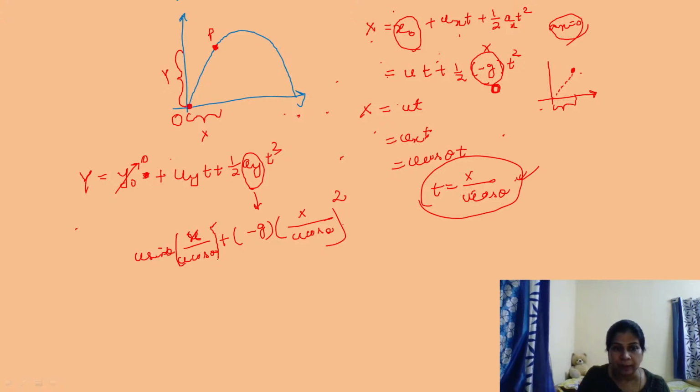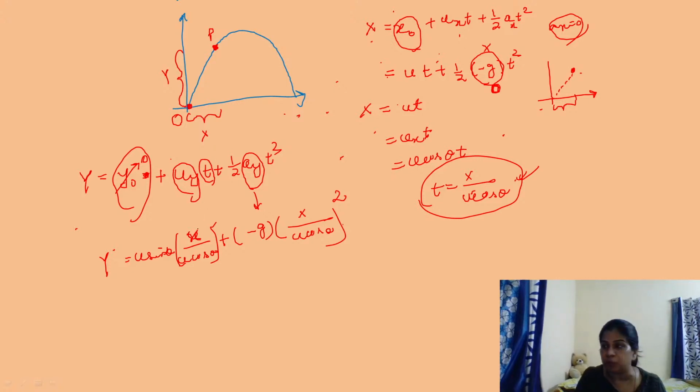Cross check कर लो थोड़ा. Why I have written like this? Because ये जो y0 part है, this y0 part is 0 and uy is u sin theta. Expression of t, you just put here expression of t, and ay is minus g. This is 1 by 2 part is missing. 1 by 2 minus g x by u cos theta square.